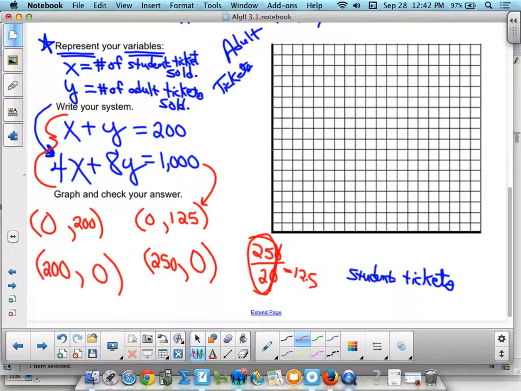Every 2 squares is what? 25. I'd go by 25, and I'd say 50, 75, 100. I'm stretching this baby out as far as I can go. I'd do that, guys. That's what I would do. Get this thing way out here. 150.